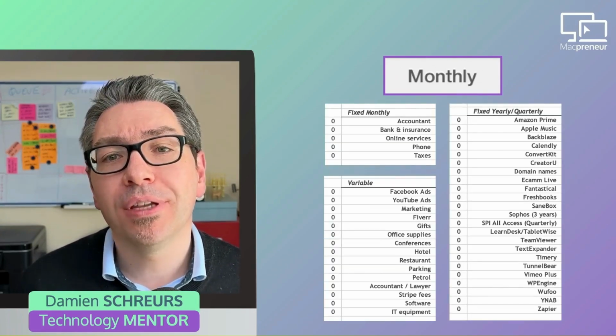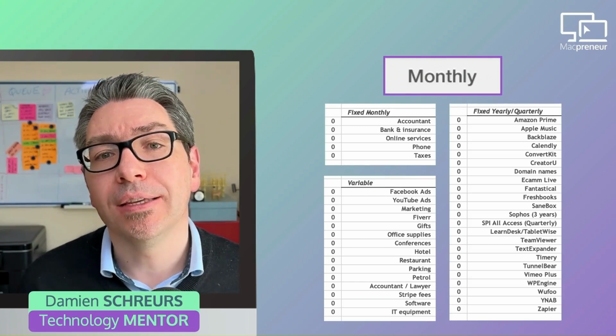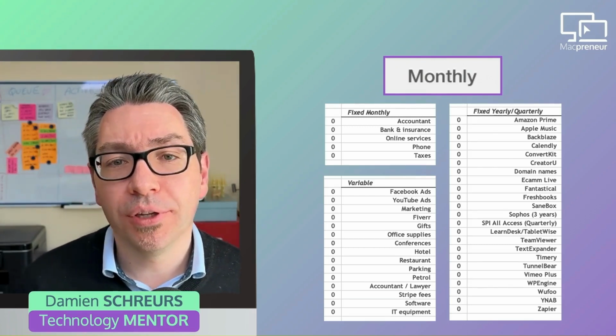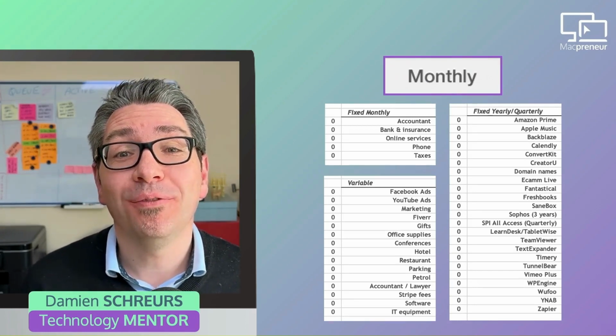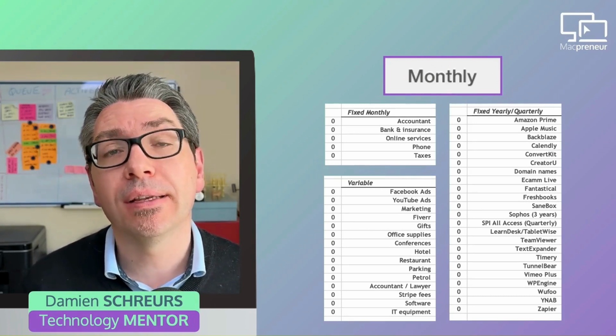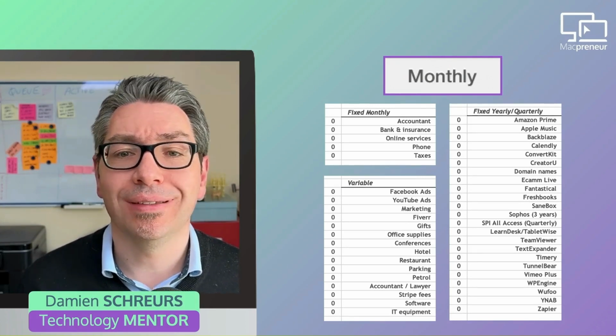The fixed monthly, fixed yearly, and variable expense categories have each a separate table underneath where I've decided to monitor them a little bit more finely. The table with the fixed monthly expenses has 5 main subcategories: accountant, bank and insurance, online services, phone and taxes.